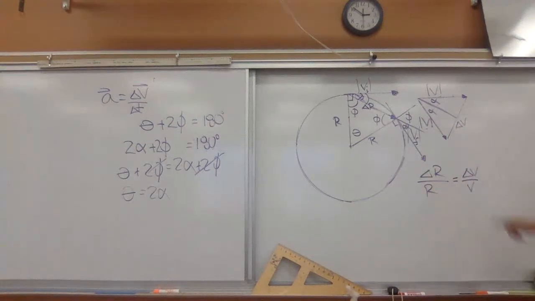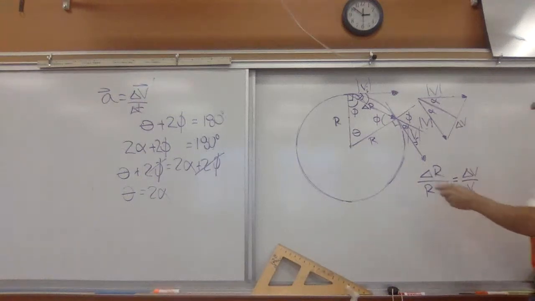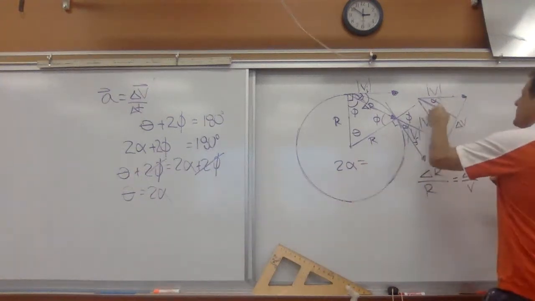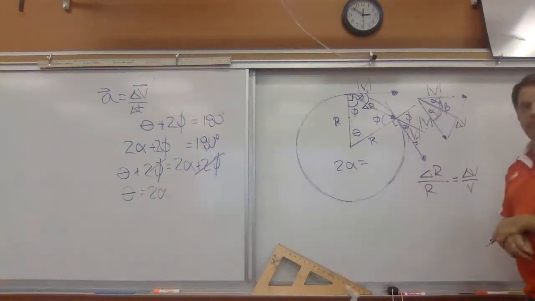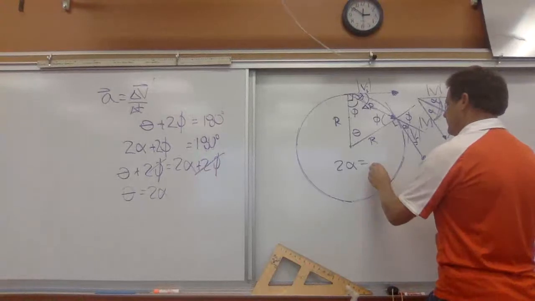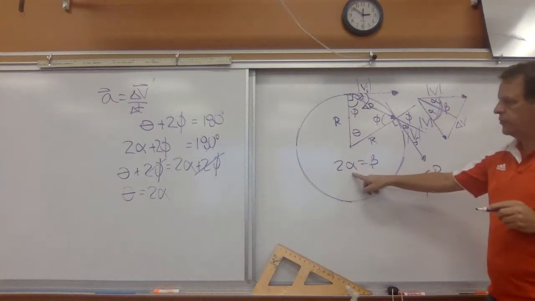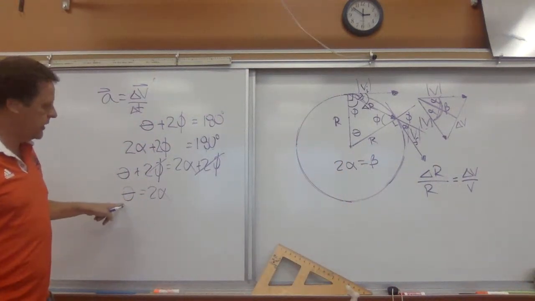And we can now say that this alpha and this alpha, 2 alpha, would equal this angle right here, which was beta. And beta is equal to 2 alpha, but 2 alpha is equal to theta.